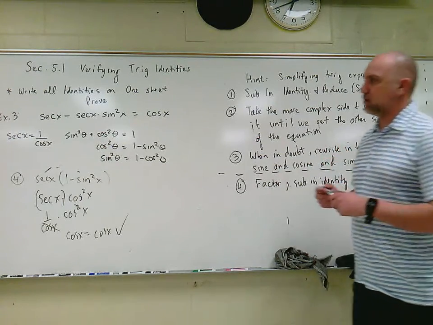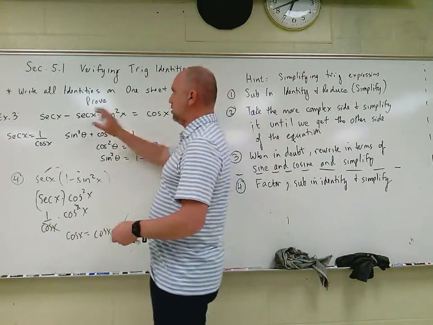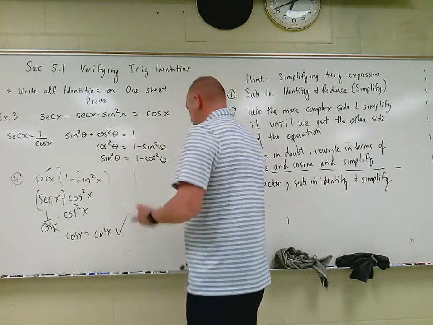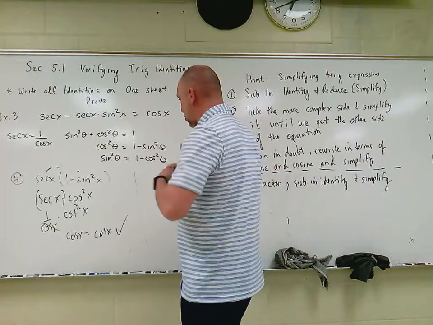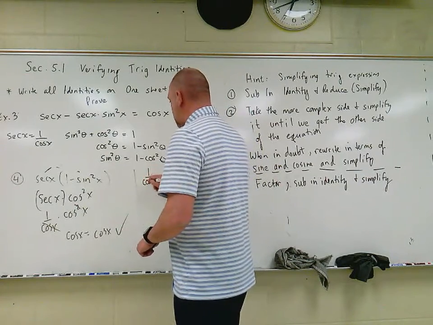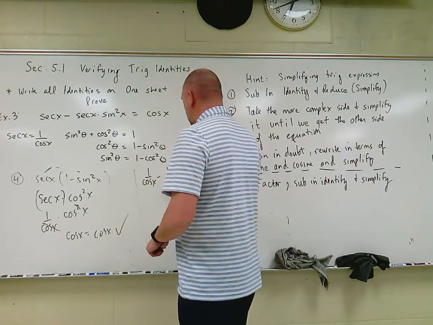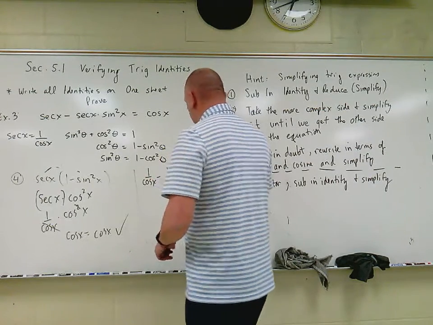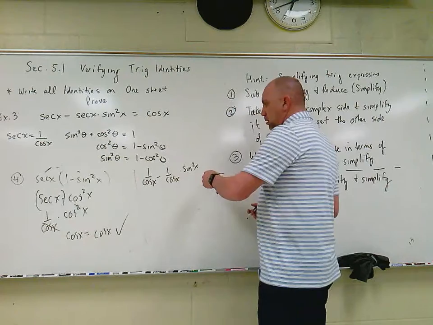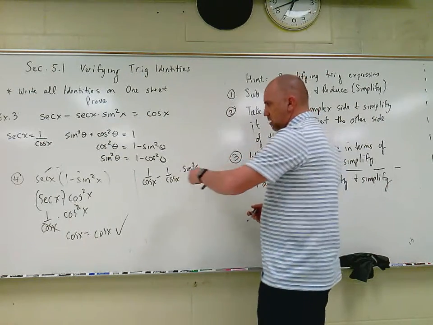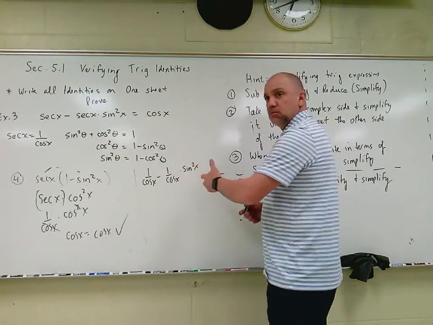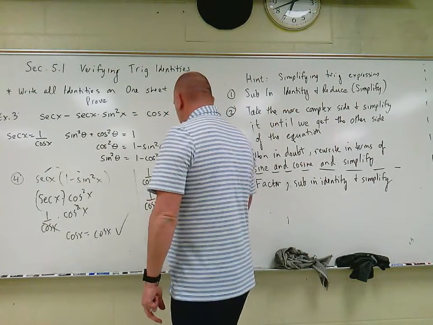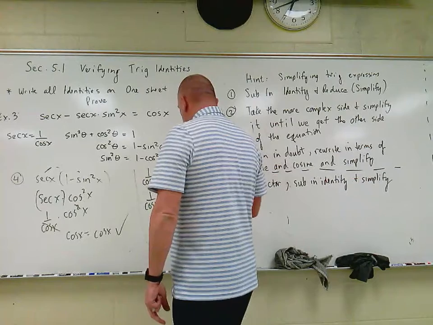Okay. So here's what I would have done, similar to what you did. The other thing I could see a student doing is just changing the secants to 1 over cosine. You change both secants to 1 over cosine. I wouldn't have changed this, I would have just left it. But here's what I see. This is going to be another hint in a second. You got 2 fractions. So you look at your fraction. You got 1 over cosine minus sine squared over cosine.